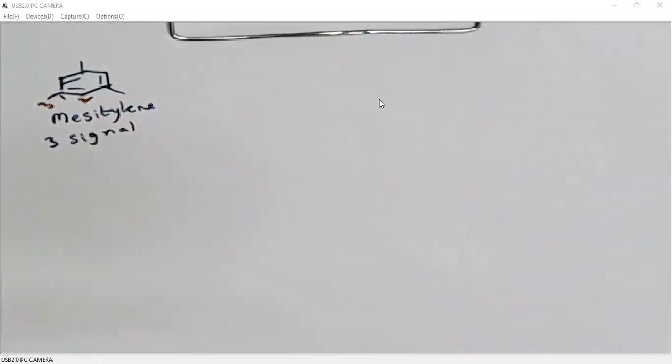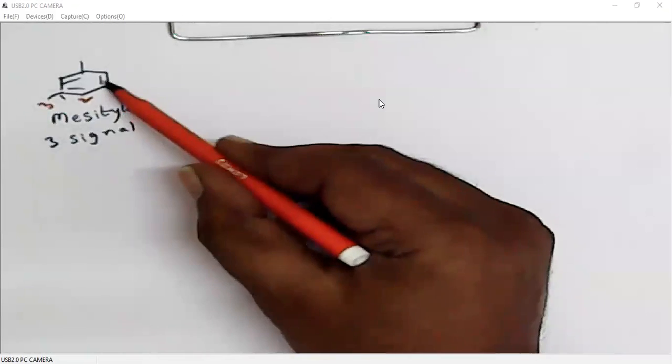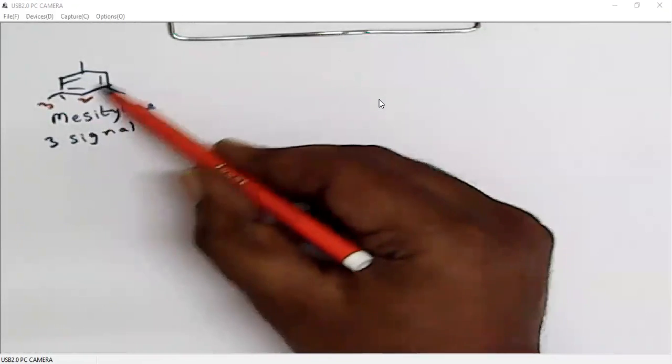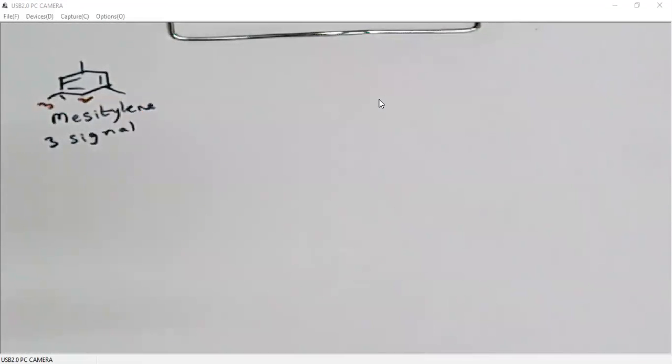Of course, methyl will appear between 20 to 50, so we are not worried about that. But we are worried about the aromatic carbon chemical shift values.